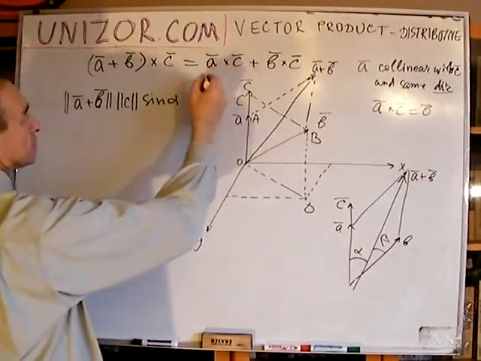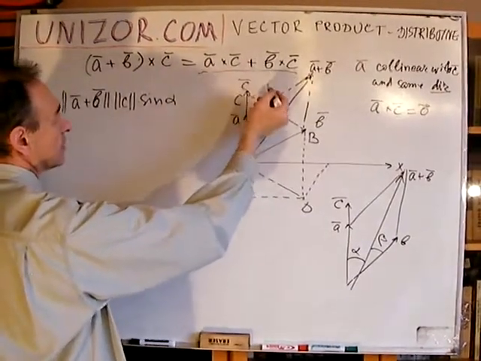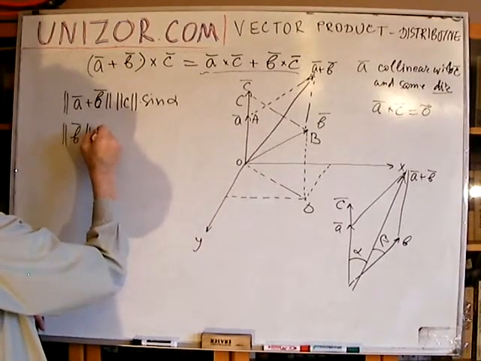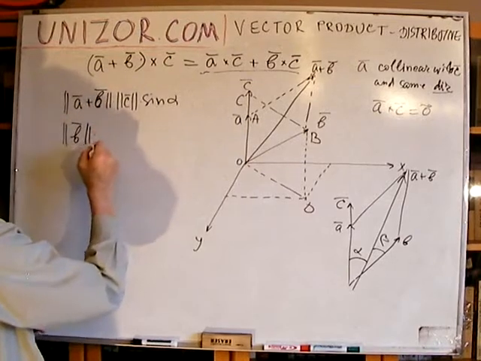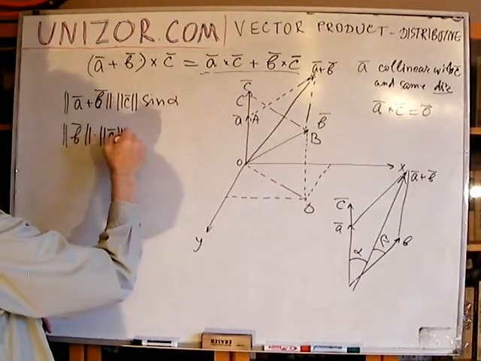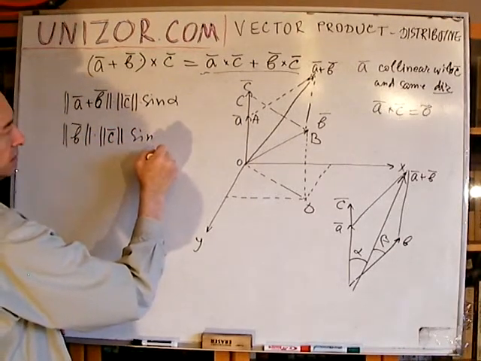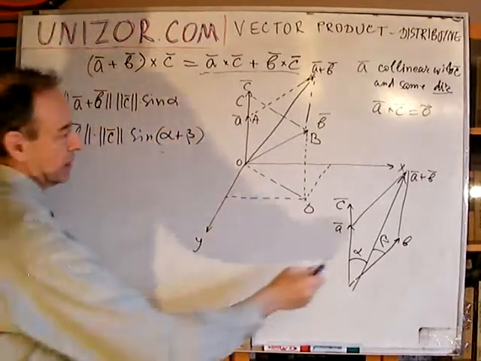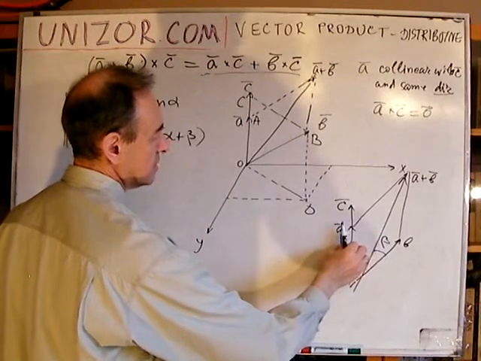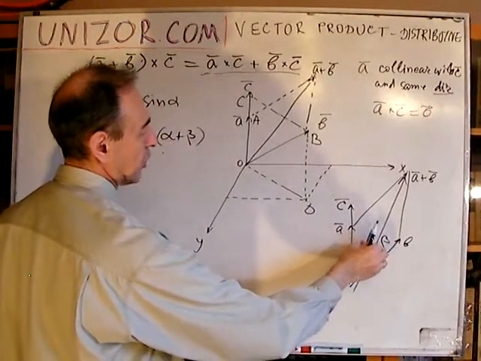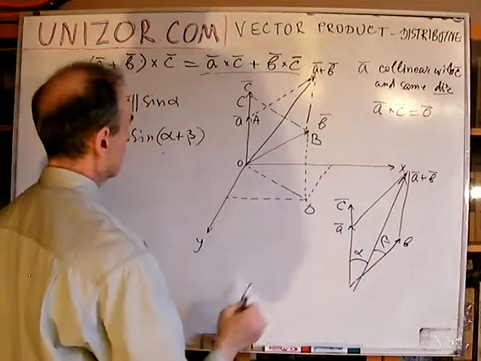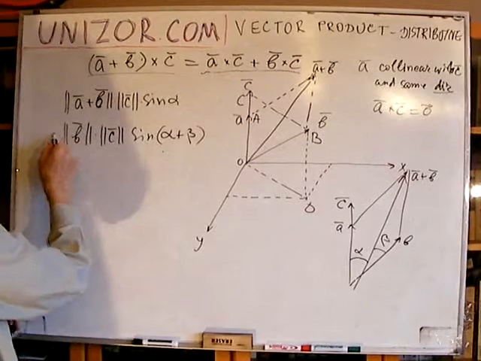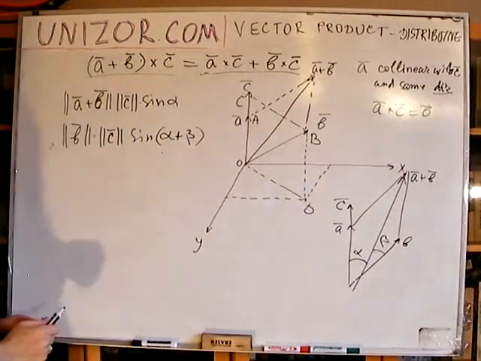Now, the magnitude of this vector, well, A times C is null vector, so it's B times C. It would be length of the B times length of the C times sine of alpha plus beta. Alpha plus beta, right? From B to C is alpha plus beta. From A plus B to C is just alpha. So, this is the magnitude of the left side, and this is the magnitude of the right side. Are they equal?